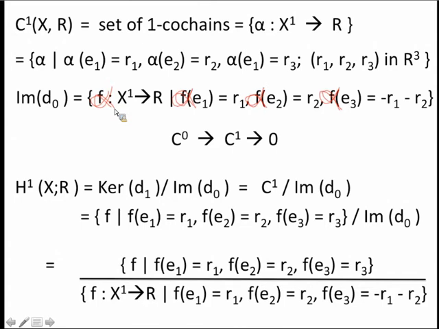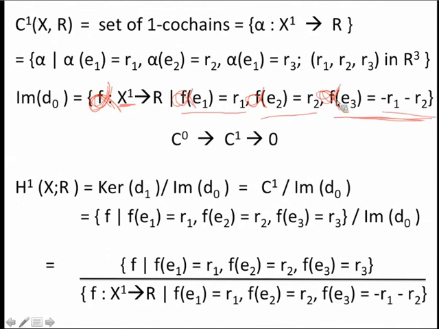But I could have used f as a function on edges, or alpha on functions of edges. So actually it wasn't that bad of a typo. Mathematically, it was perfectly fine in that my image is just the collection of functions that act on edges, such that my function on edge E1 and on edge E2 is completely arbitrary, but the function on edge E3 must be minus R1 minus R2.